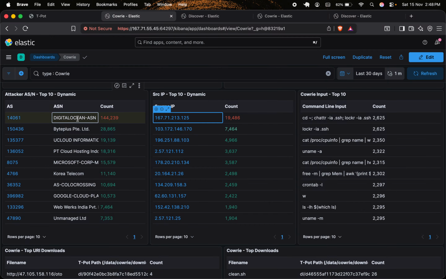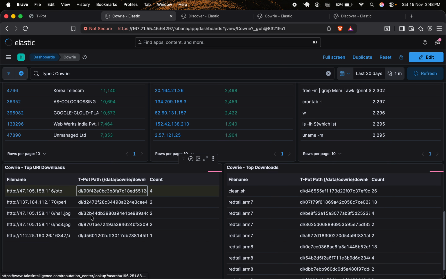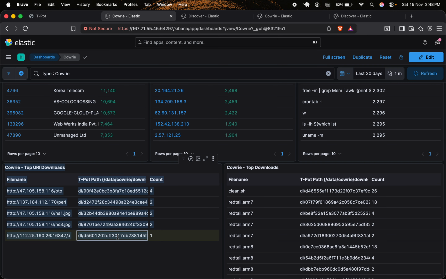And this is the autonomous network that most of the attackers use: DigitalOcean, because it has the maximum number of attacks coming from this particular cloud server. And these are some of the links he used to download the malware, and these are the actual malware files he downloaded over this system.